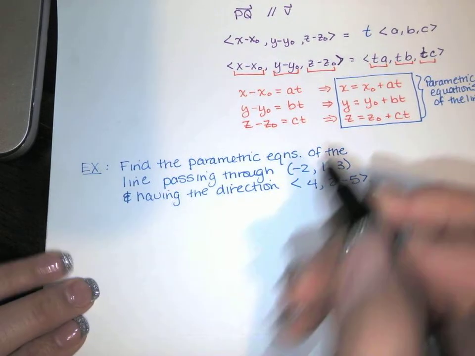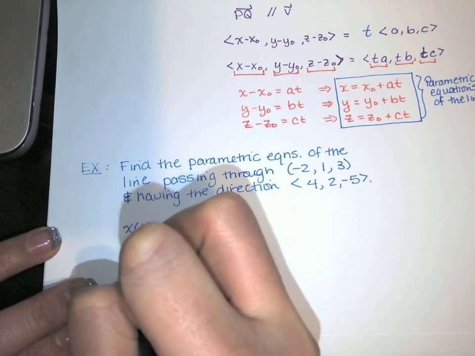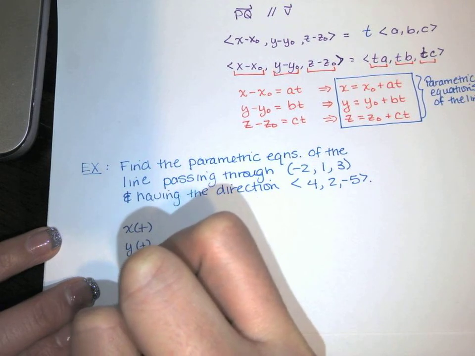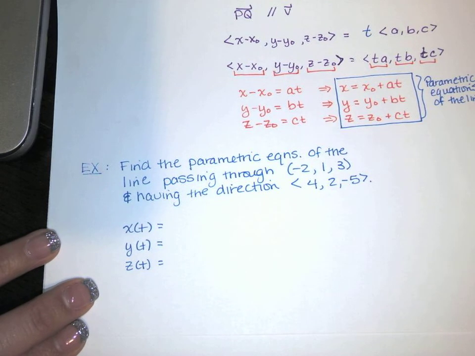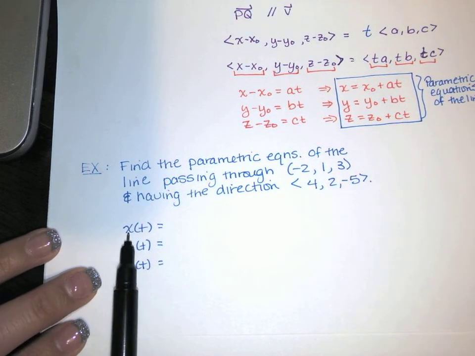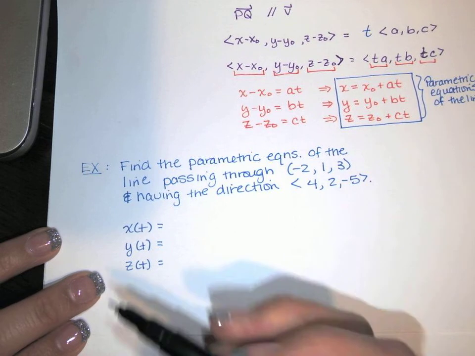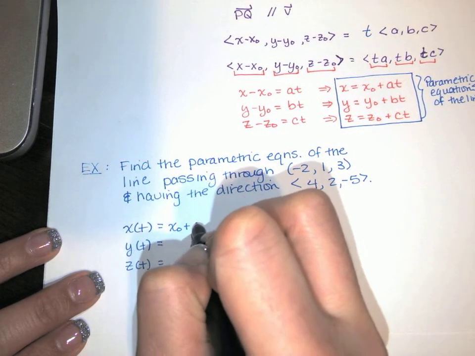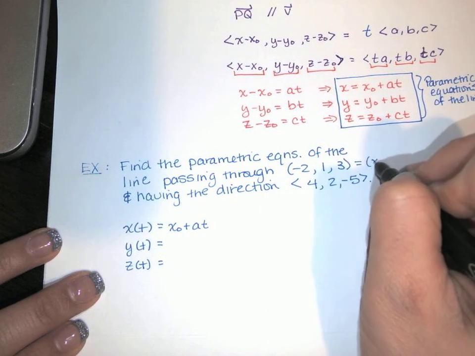Okay, so according to our formulas, x is a function of t, y is a function of t, and z is a function of t. So I'm going to write that like this just to make it a little bit more explicit. That x depends on t, and it's given by x naught plus at. Now this is x naught, y naught, z naught.